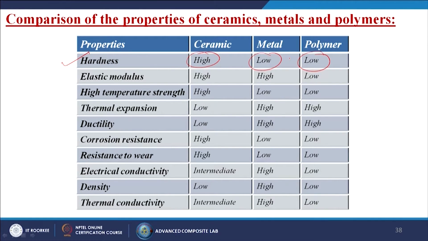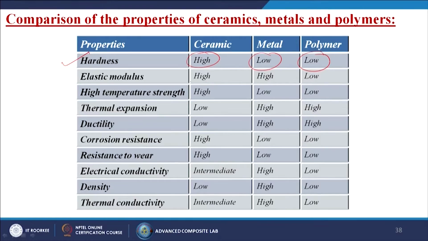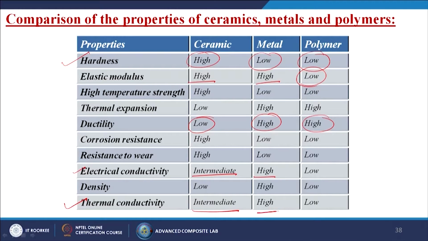As another example, elastic modulus: for ceramic it is high, for metal it is high, but for polymer it is low. For ductility, ceramic is very low, metal is high and polymer is also high. For electrical conductivity, ceramic is intermediate, metal is very high, but polymer is low; generally it acts as an insulator. For thermal conductivity, ceramic is intermediate, metal is high, and polymer is very low.